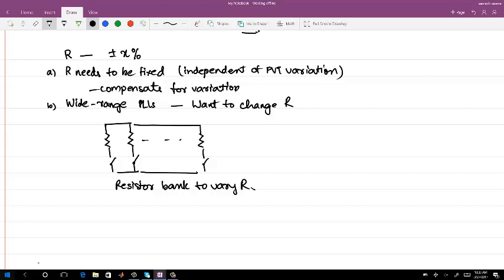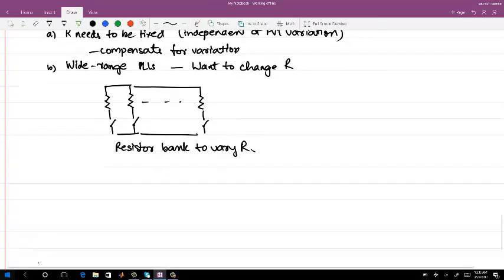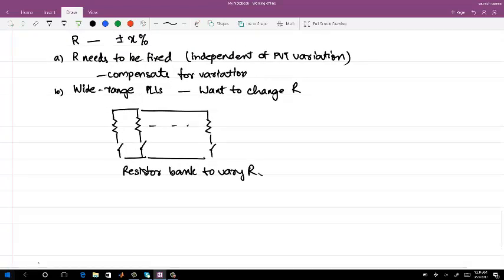So you can use that, that's not a problem. There is another way to have a varying resistance by using a switch capacitor thing. We will see that when we look at PLL in more of a digital fashion.